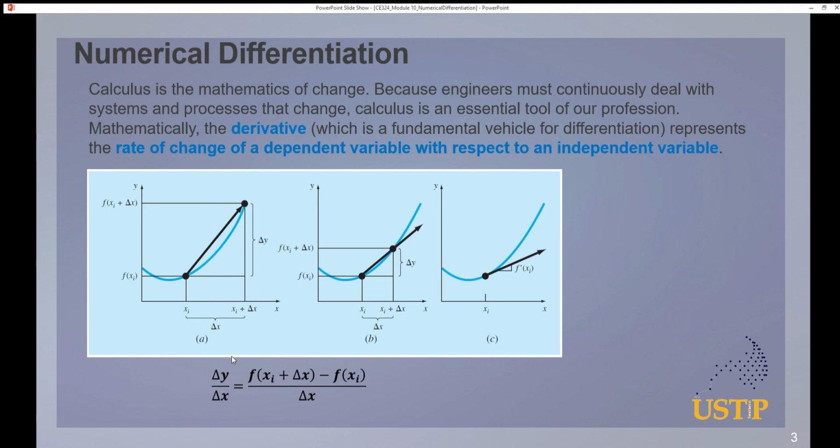For its slope, I don't know if this is Leibniz or Newtonian notation, but this is delta y over delta x, and this is dy dx. That is the derivative.